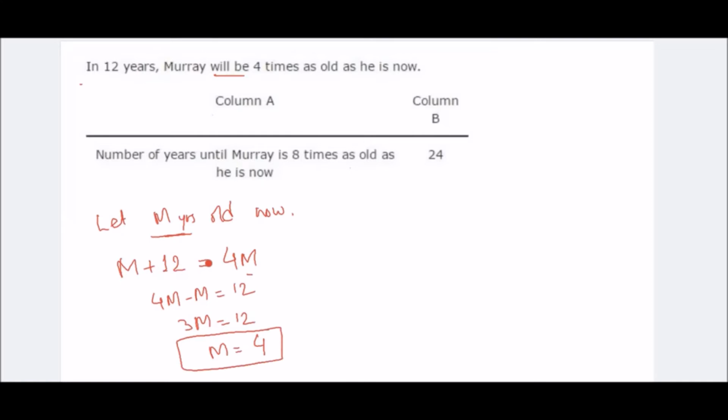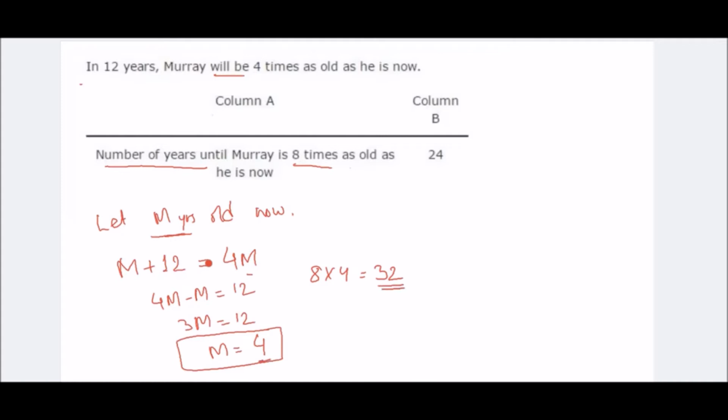Now we have to find for column A the number of years until Murray is 8 times as old as he is now. That means we have to find out after how many years Murray will become 8 times as old as he is now. So 8 times means 8 into 4, that will be 32 years old, right?